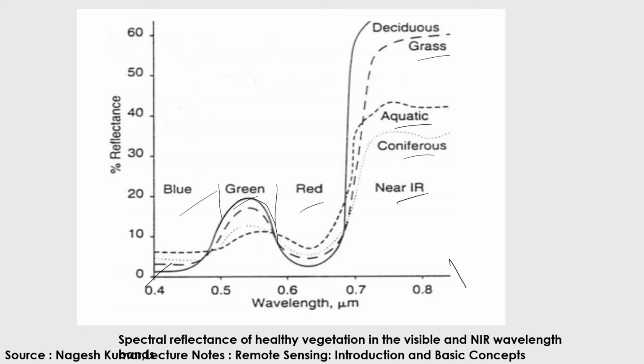This is what you can understand: when the leaf is green, it is reflecting the green part. Correct, so you must remember this. Next.